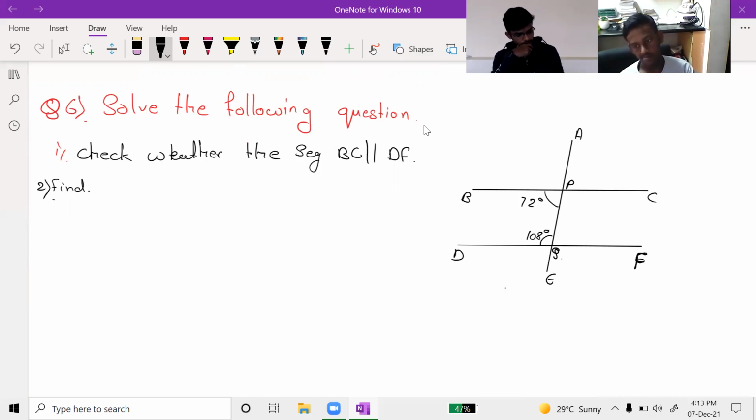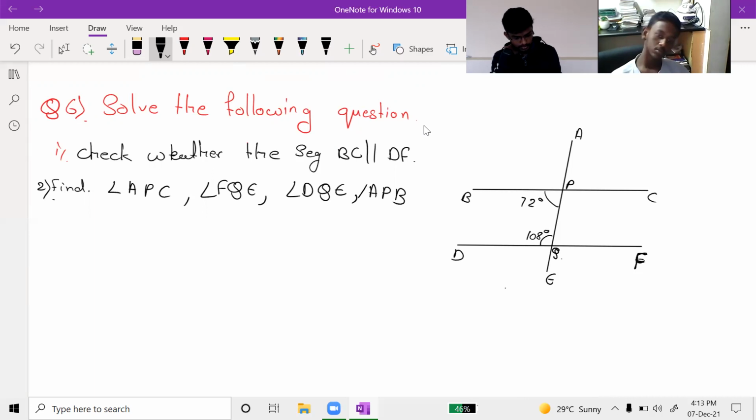Second question, find angle APC, then angle FQE, angle DQE, and angle APB.